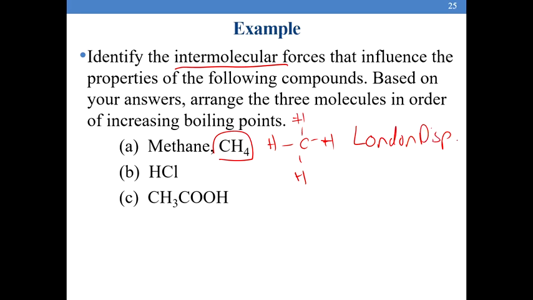HCl, well, Cl is one of the very electronegative elements, so if you have HCl, I'll just draw here. It has a negative dipole on the right and a positive dipole on the left. So HCl has London dispersion and dipole-dipole interactions, okay?